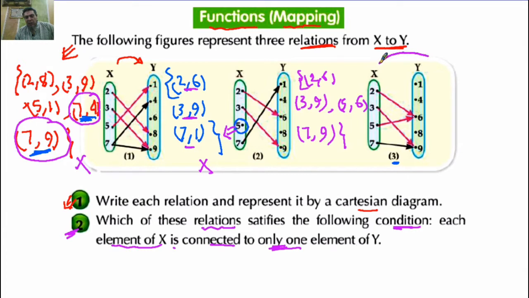The third relation only satisfies that condition: each element in x is connected to only one element in y. We notice that 3 is connected with 9, 7 with 9, 5 with 6, 2 with 6.